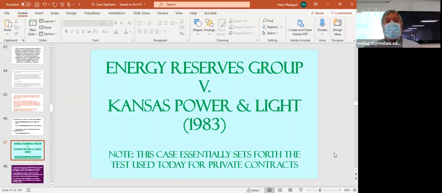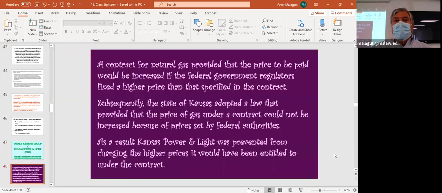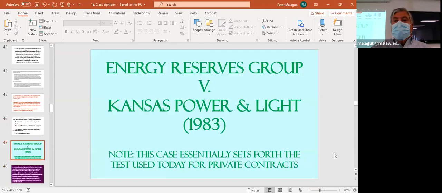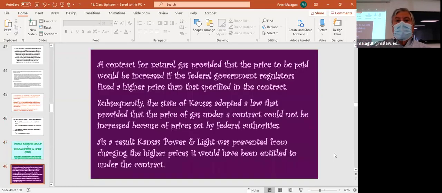Here's the standard that I just gave you back on slide 41. It comes out of Energy Reserves Group versus Kansas Power and Light Company. Here, the Kansas Power and Light Company enters into a contract to provide natural gas within the state.